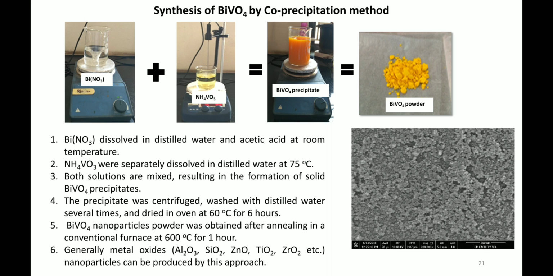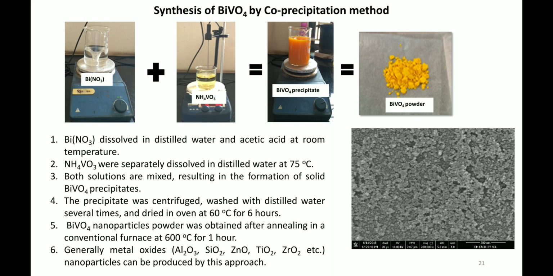Now you have two different beakers. You have one solution where you have dissolved BiNO3 in water and acetic acid, shown in the first photograph on the left-hand side, and you also have a solution where NH4VO3 is dissolved at 75 degrees in water.